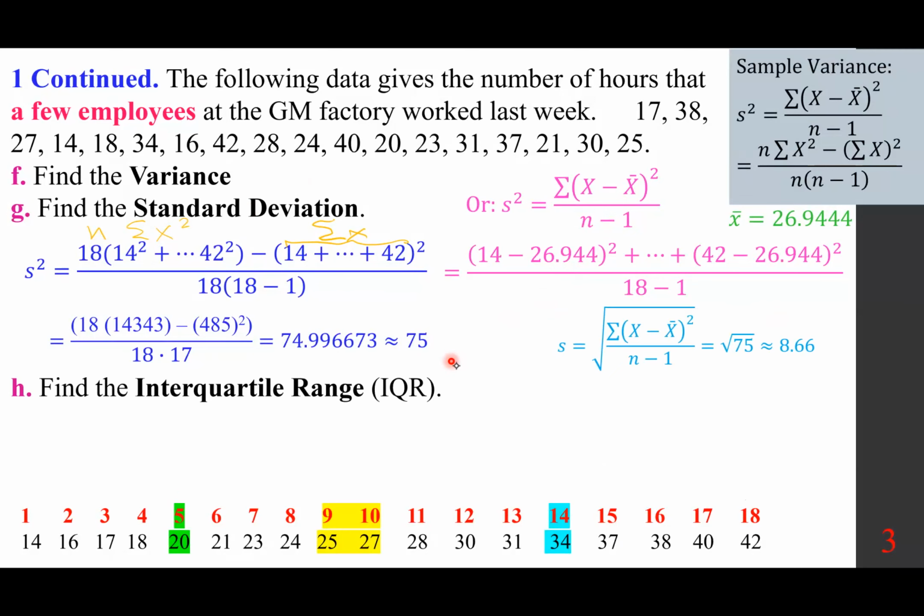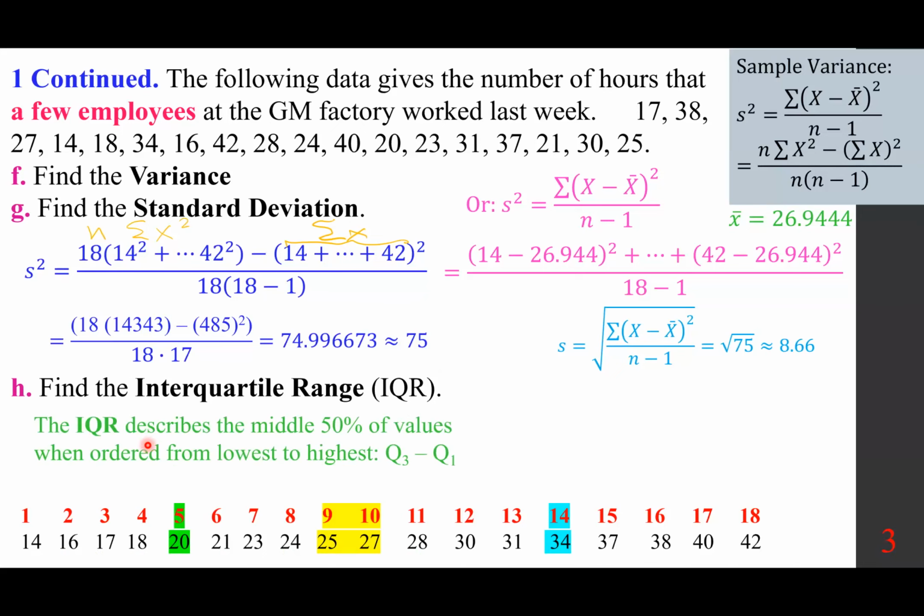Interquartile range, or IQR. The IQR describes the middle 50% of values when ordered from lowest to highest, and it's defined as Q sub 3 minus Q sub 1.